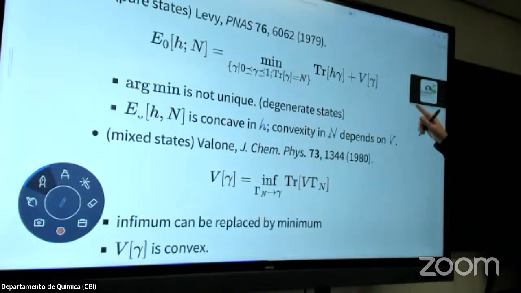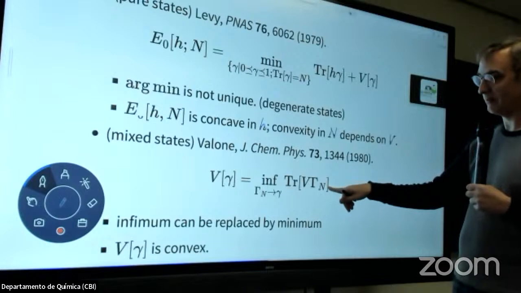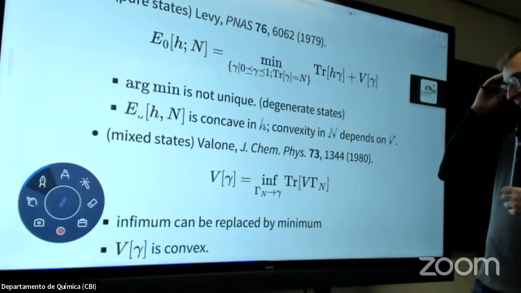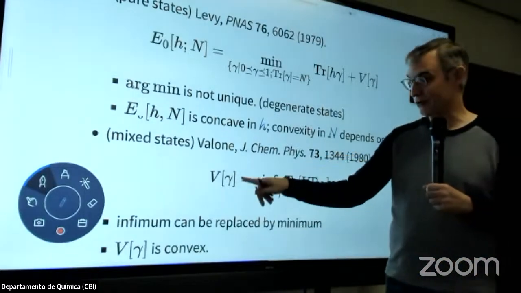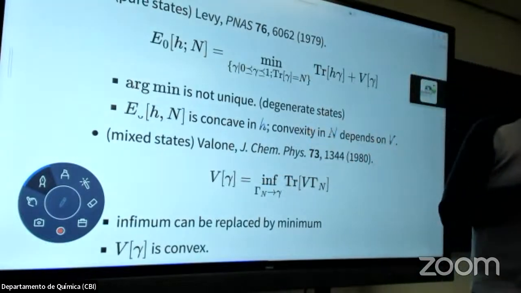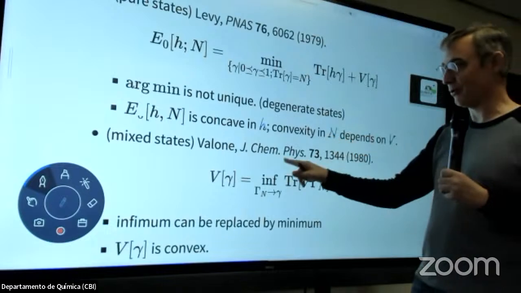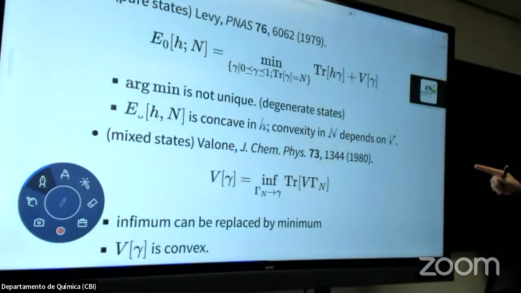And then there was a more general formulation of this where Valone did this for mixed states, right? And in this case also, the infimum can be replaced by the minimum. This functional is convex and the Levy functional is not convex. So I don't believe that the Levy functional is very useful. It was historically useful. I believe basically that the Valone functional is the one that we're supposed to be using, right? And next slide.